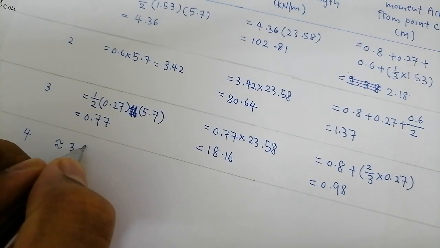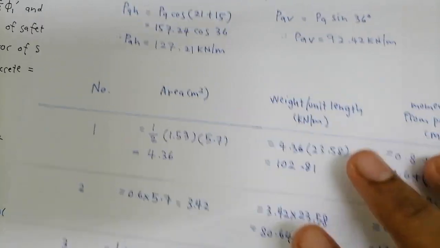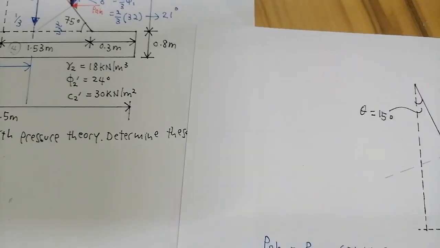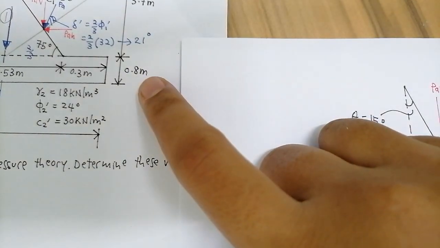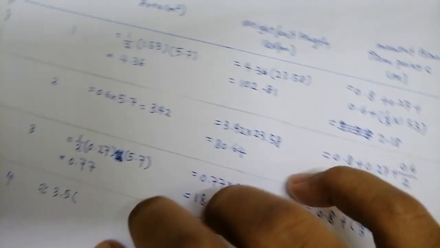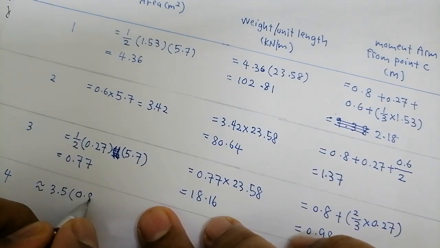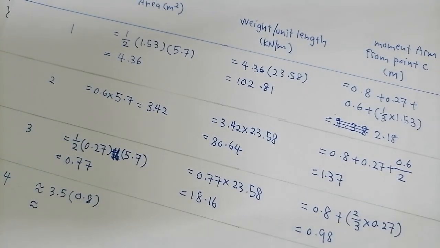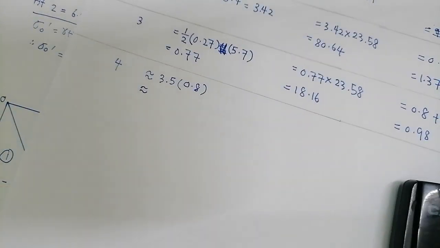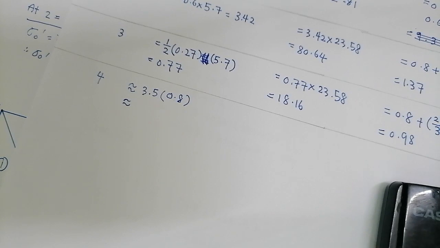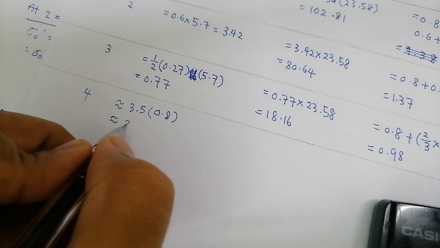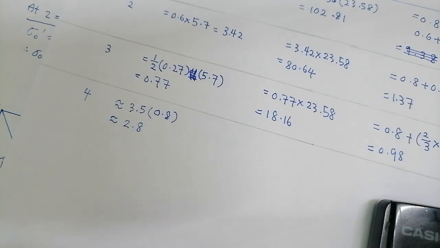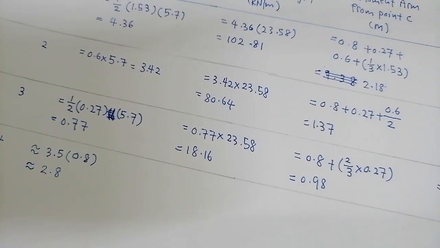The base is 3.5 and the height is 0.8. So therefore the area equals 2.8. Okay, and then continue with the next column.